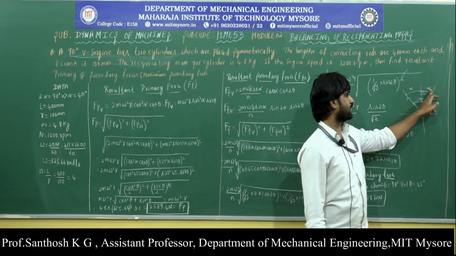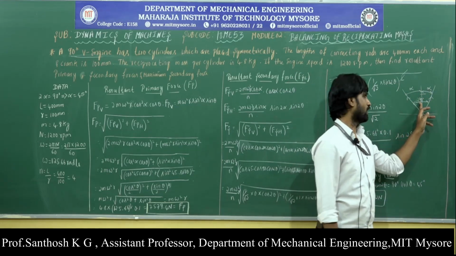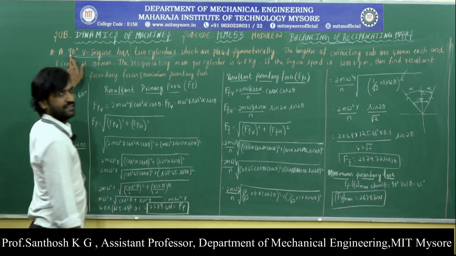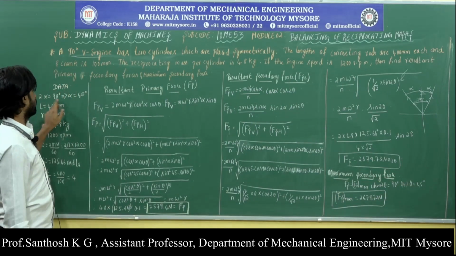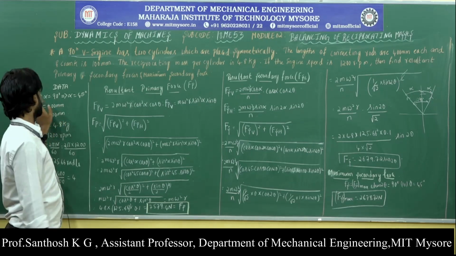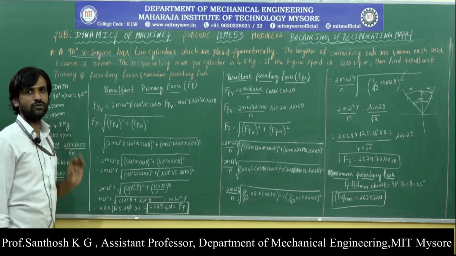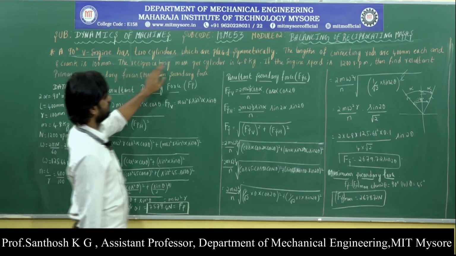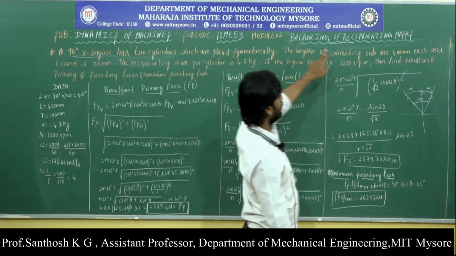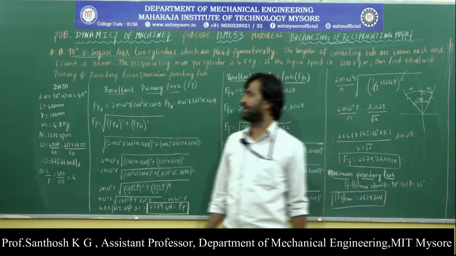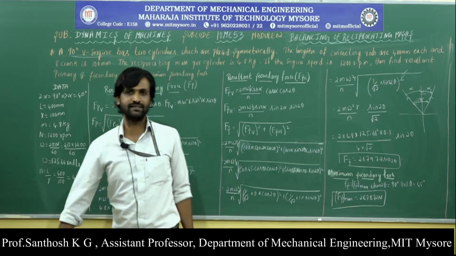So the total angle will be 2 alpha, and they have given 2 alpha as 90 degrees. When 2 alpha is 90 degrees, alpha will be 45 degrees. Then they have given that the length of the connecting rod is 400 millimeter and the radius of the crank is 100.